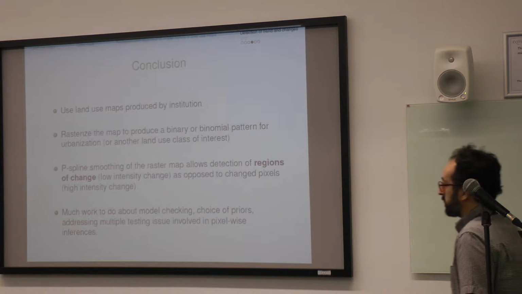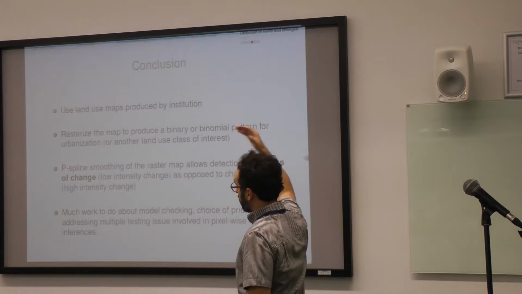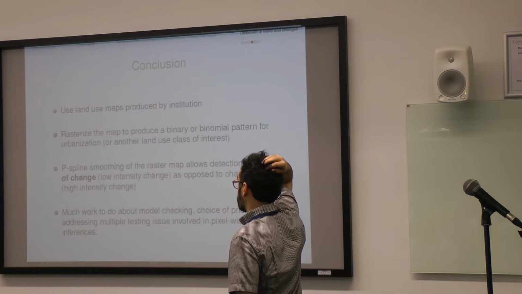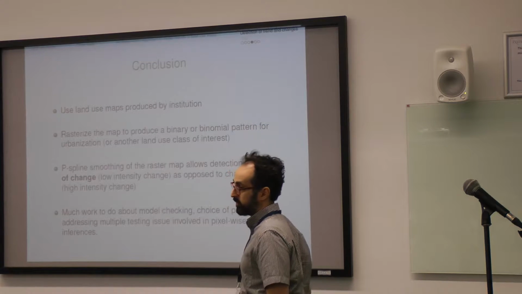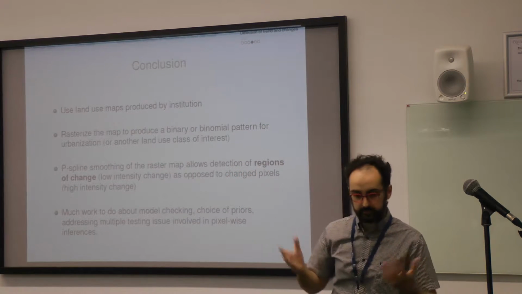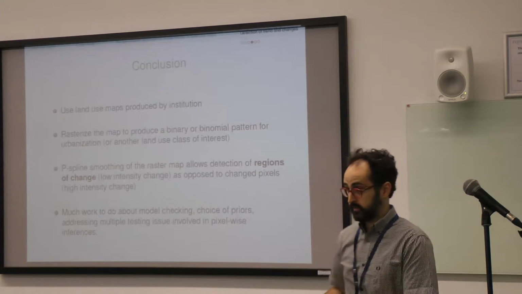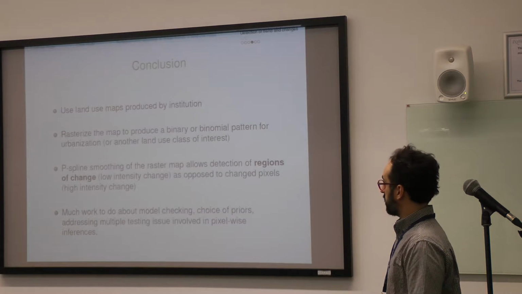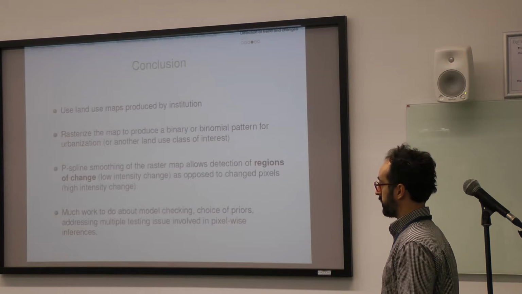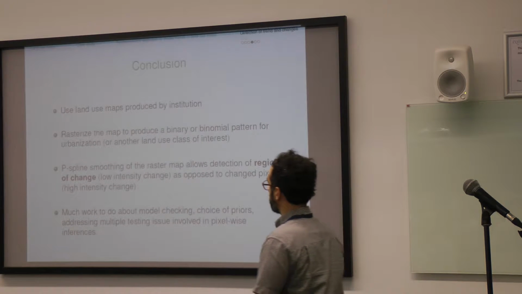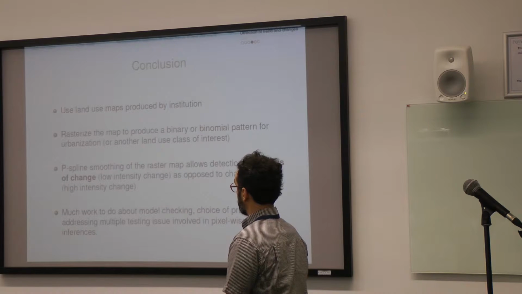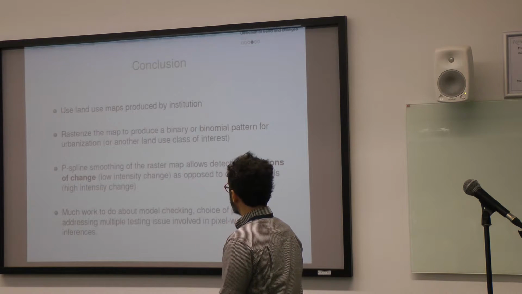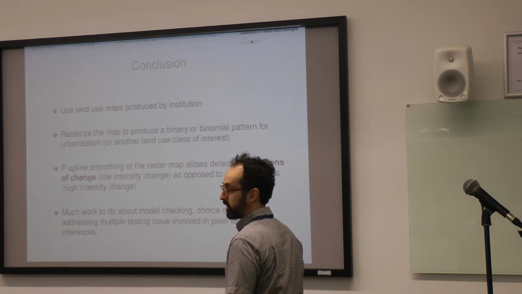So just to recap and conclude, we use land use maps which are widely available and produced by many institutions. Actually, we use a local data set, because it's a data set that we took from Bologna cartography, so it's not the European Environmental Agency, but you could use many data sets, because there is wide availability of these maps. Then you have to rasterize the map, and you produce a binary urban pattern.